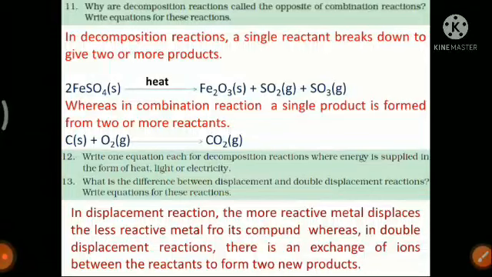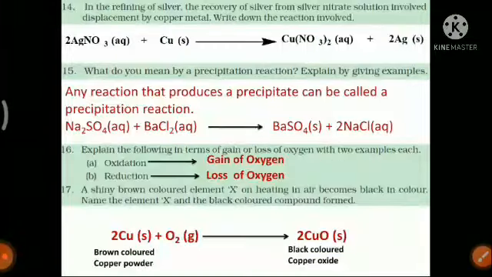The ions of one reactant go to the other reactant, and that is double displacement reaction. So if you know the definition, you will write the answer of this question, and you have to write the equation for both these reactions. You have to write one example for displacement reaction and one equation for double displacement reaction. Very simple.